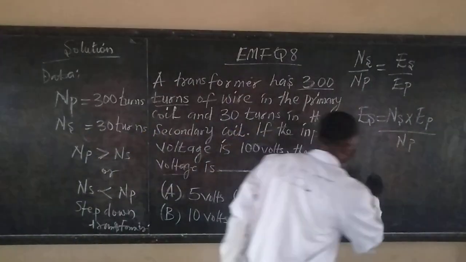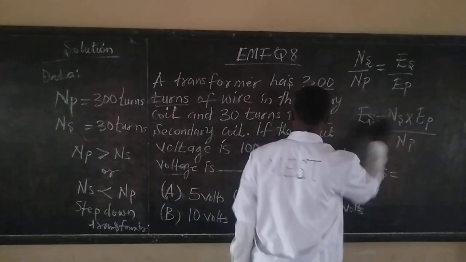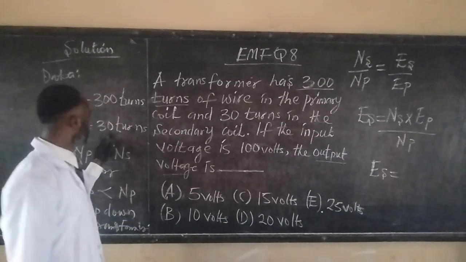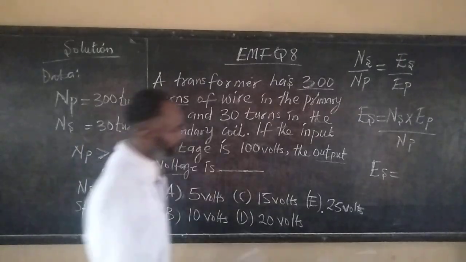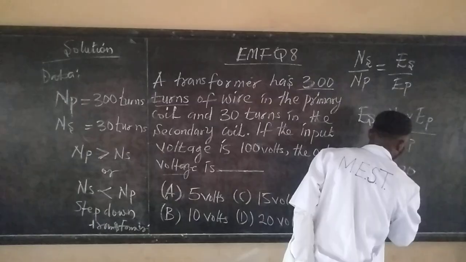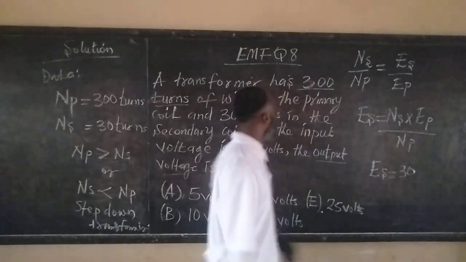When we substitute, we have NX. Where is our NX? 30 turns. We put it there. Our EP, what is our EP?